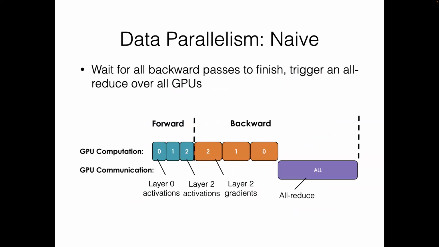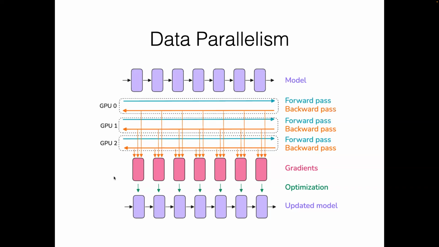So one thing you have to figure out is, after you compute the gradients, you have to gather all of the gradients from the different GPUs so you can average them.